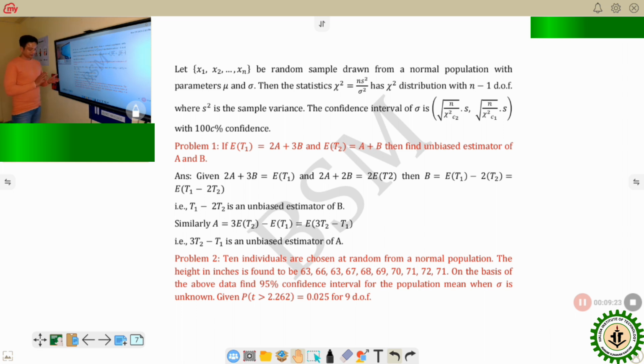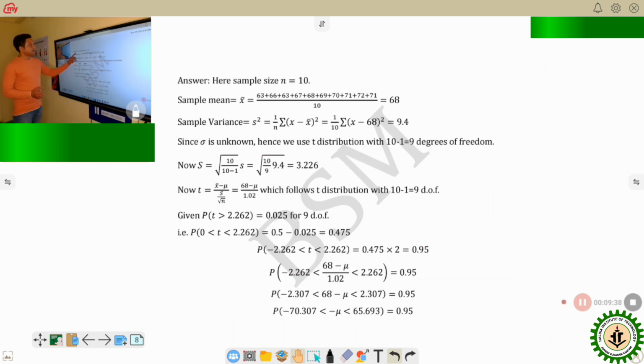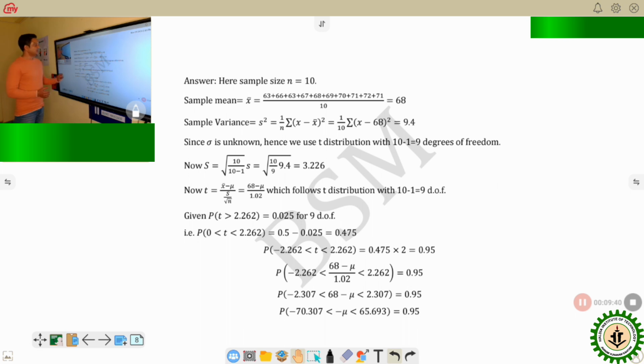So what is the conclusion? The sample size n equals 10. You will find x bar, the sample mean, as the sample estimate. The sample mean equals 68 and the sample variance equals 9.4; you need to find these values. Next, capital S, the standard deviation: if you use this formula, S equals n by n minus 1 into s, the unbiased estimator we used previously.